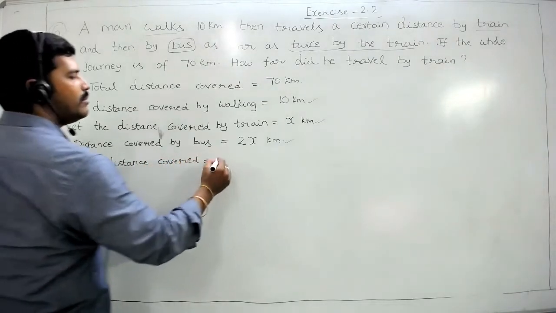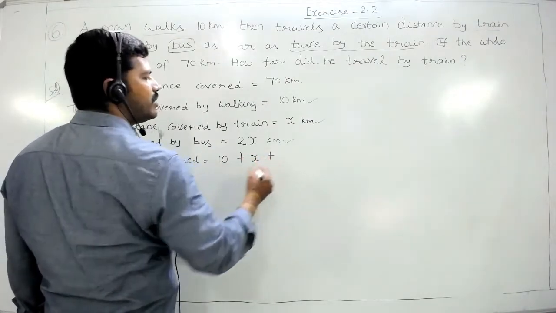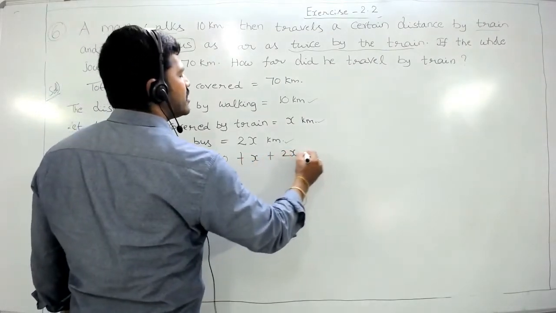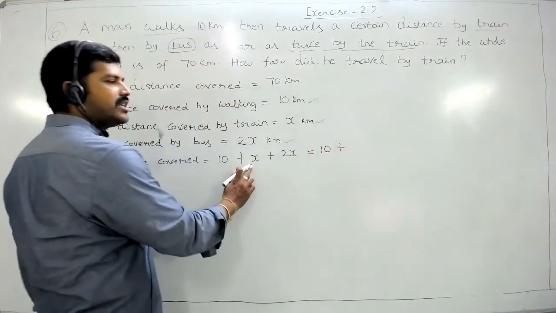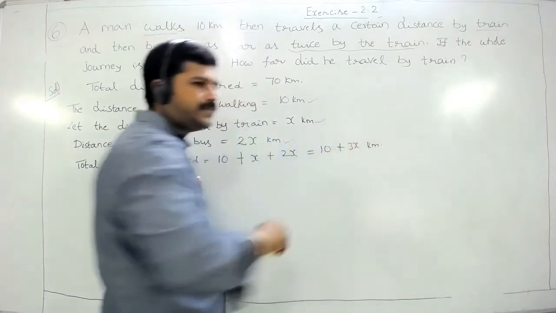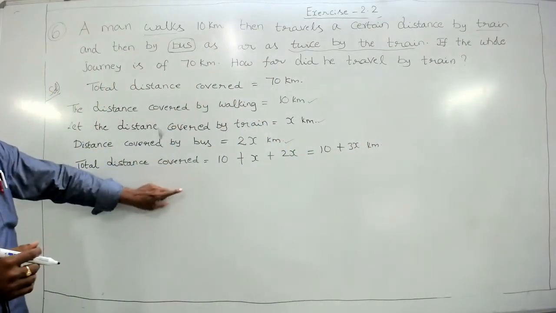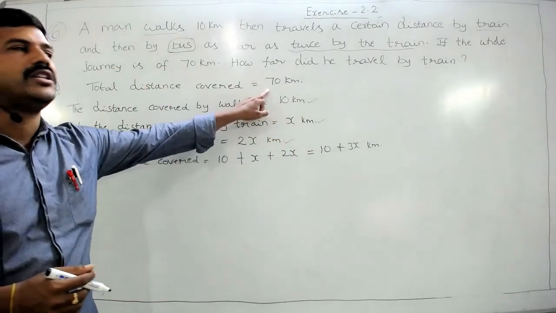Fine. So by walking, by train and by bus, the total distance covered is equal to by walking 10 kilometers plus by train x kilometers plus by bus 2x. That is nothing but 10 plus 1x plus 2x, that is 10 plus 3x kilometers. But according to the problem, the total distance covered is 70 kilometers.